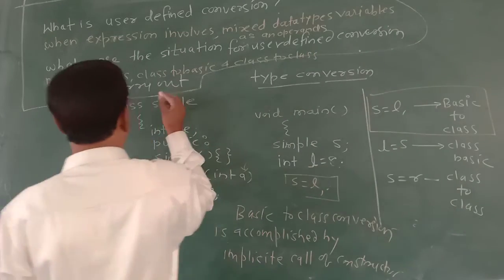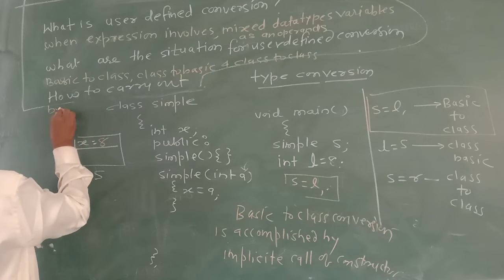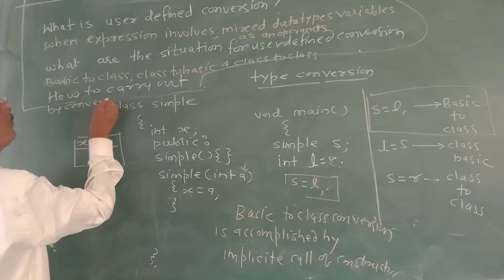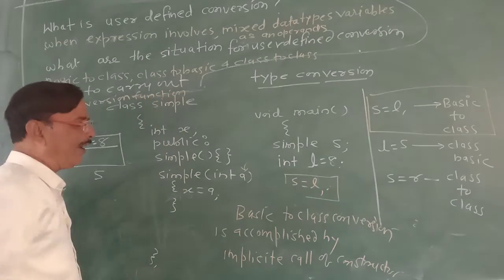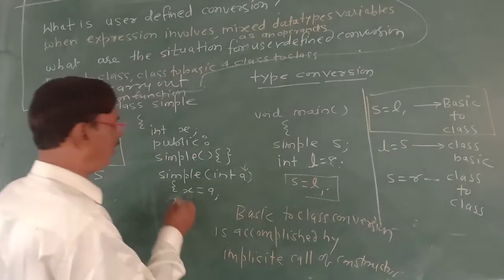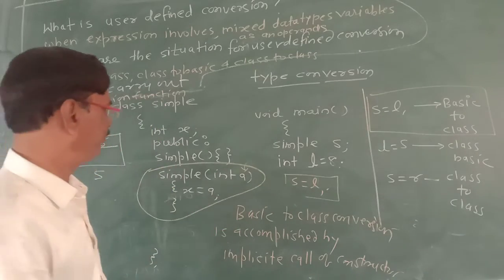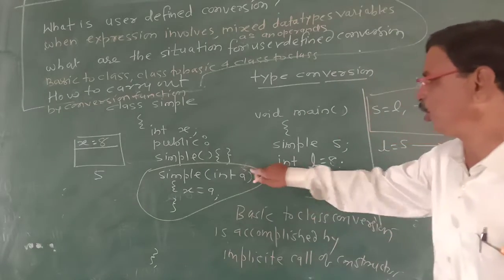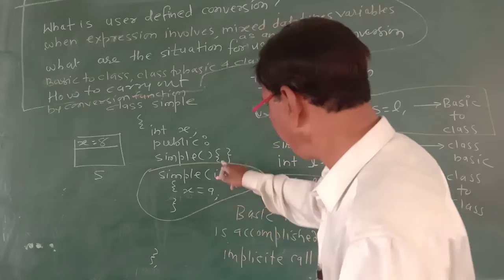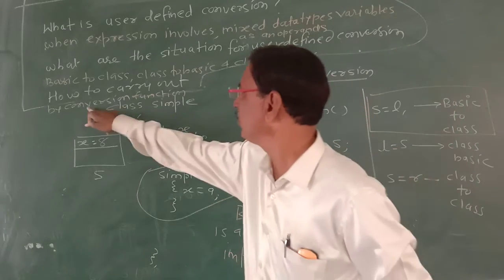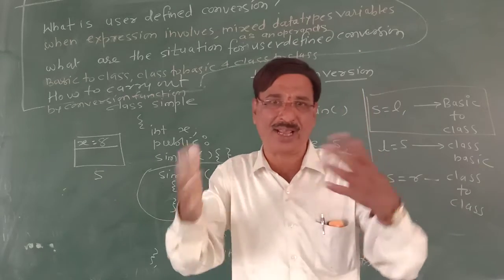How to carry out? Carry it out by a conversion function. And here the conversion function is none other than the constructor itself. So in basic to class conversion, the constructor function itself plays the role of conversion function. So this one is a basic to class conversion.